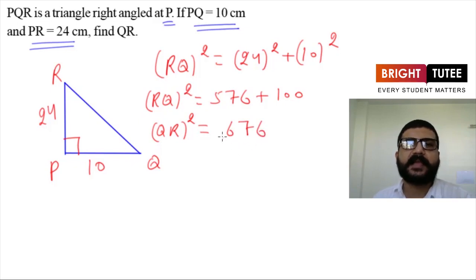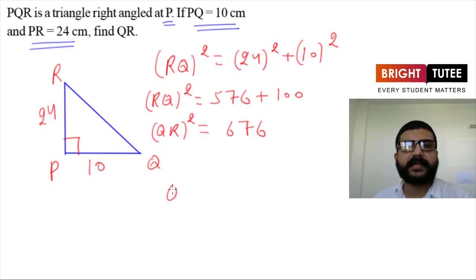676. Now how to tell that 676 is a square of which number? How we can do that? We can do this by the prime factorization method. We just have to prime factorize this number 676. By doing that, we will get that 676 is a square of 26.